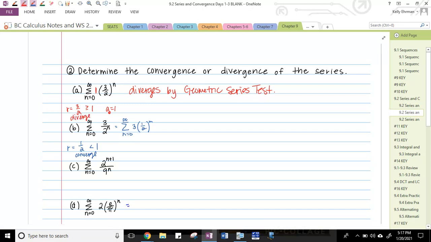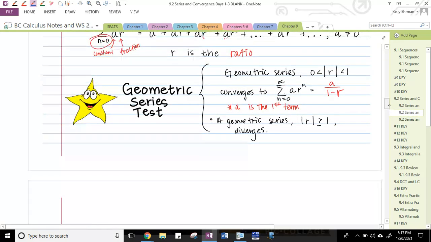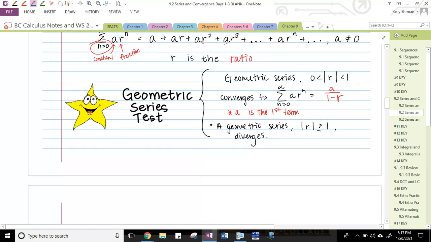And then if I know that the series converges, that's when I should really bother finding a. So the first term will be a when I plug in 0. So what does that come out to? That comes out to 3 times 1/2 to the 0, or 3 times 1. So remember, if a geometric series converges, it converges to a, the first term, over 1 minus r.